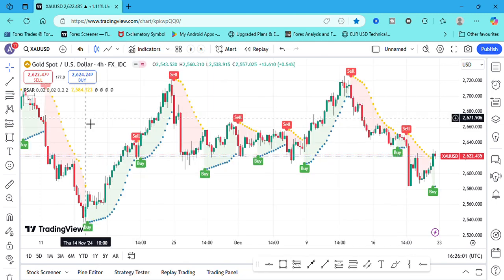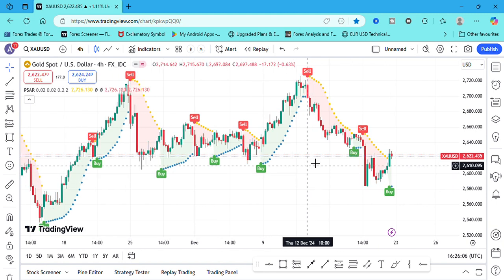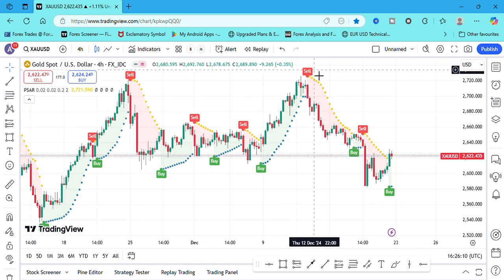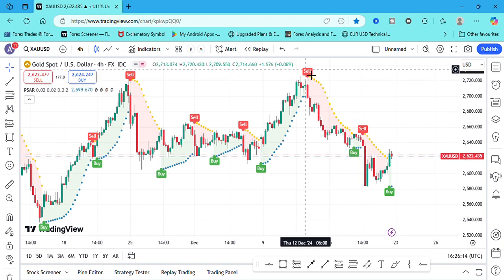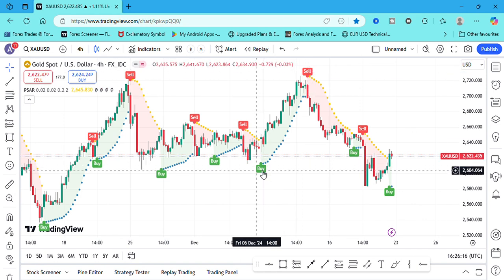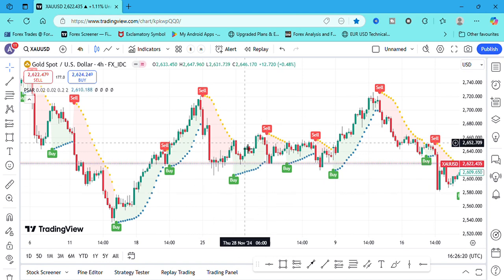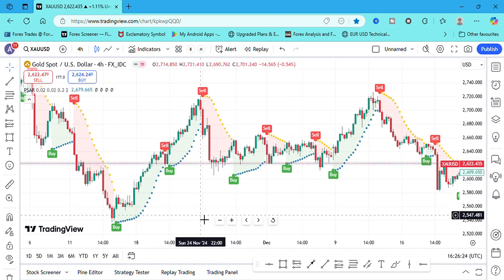When I plot it, you can find it: there is a writing Parabolic SAR with a sell indication. Here indicates sell, here indicates buy. You can see something is different from the other Parabolic SAR. You put in Parabolic SAR Evergrade.